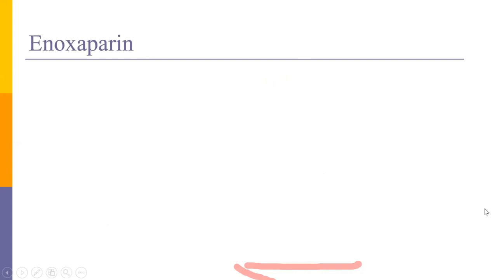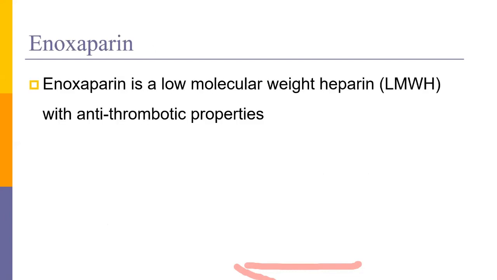So this brings us to enoxaparin. We have seen what the low molecular weight heparins are, and what are the examples of low molecular weight heparins? One of them is enoxaparin, our topic today. Enoxaparin is a low molecular weight heparin with antithrombotic properties.